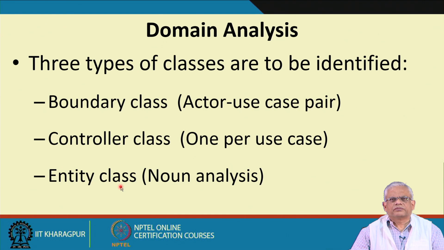We will just try to solve a couple of problems to identify the entity classes, and we will have several problems displayed here and request you to solve those to get the required expertise. The quality of the solution is determined by how well the entity classes are identified and represented. The boundary classes and the controller classes, of course, all designers can easily do.